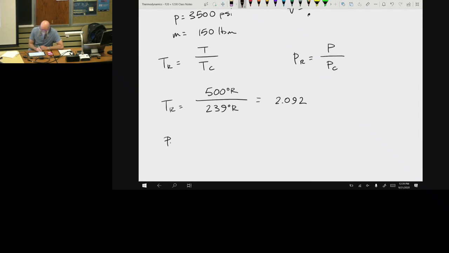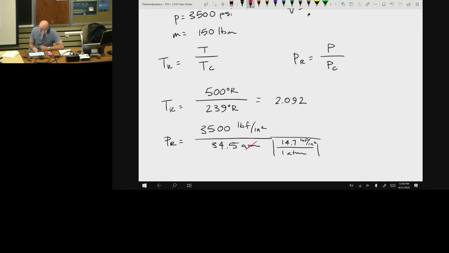For our reduced pressure, the pressure that we are given is 3,500 pounds per square inch. We are given that the critical pressure is actually 34.5 atmospheres. So we have to do something about that because these units don't cancel. So the conversion here is that 1 atmosphere is 14.7 pounds force per inch squared.